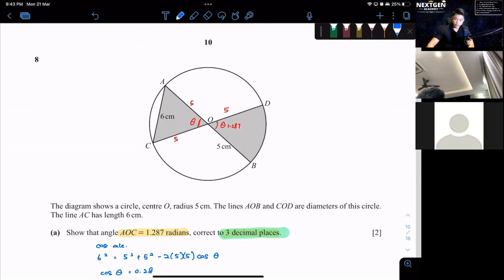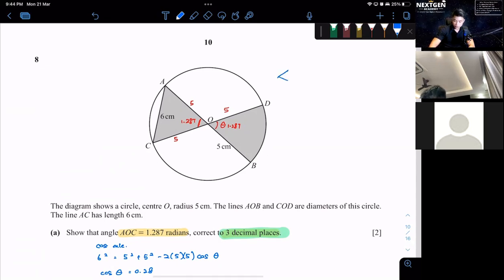Okay, we just do the working here, so easier to see. So triangle, both of it 1.287 radians. So we can use the formula for triangle half AB sine C, then area of sector half r squared theta.